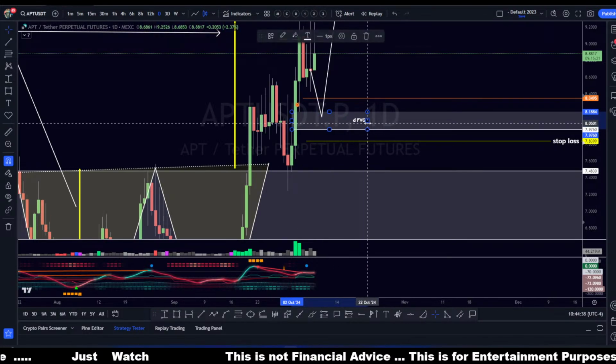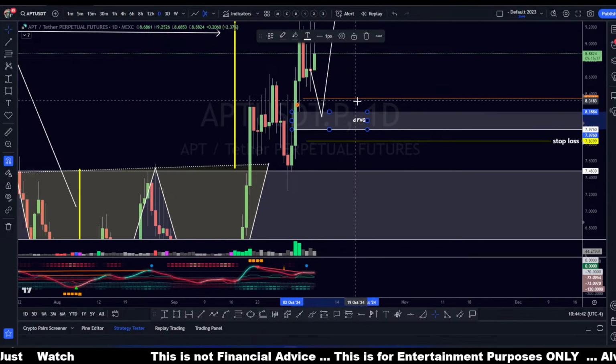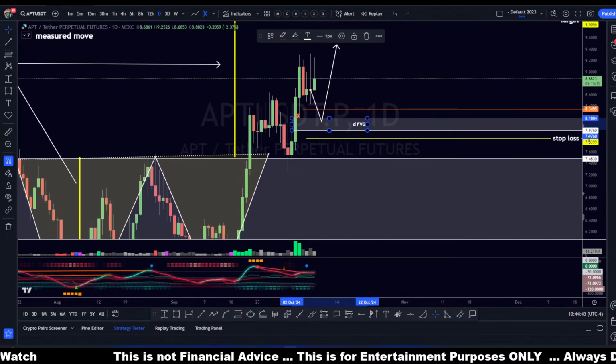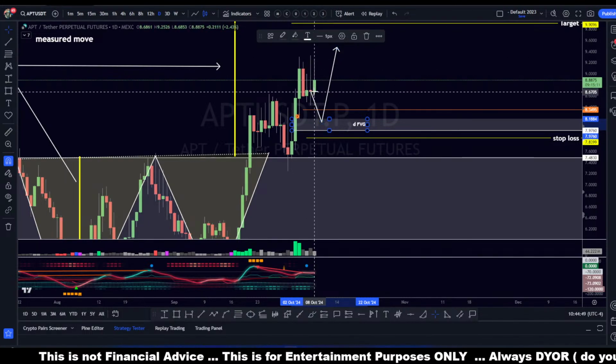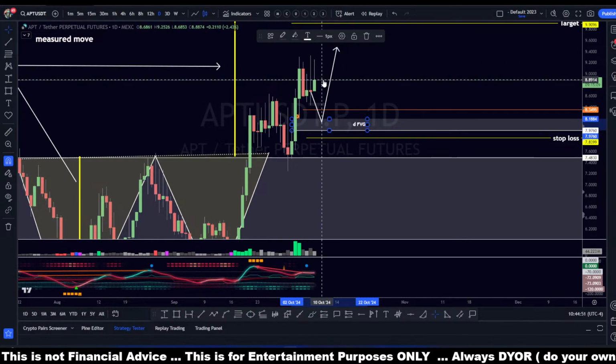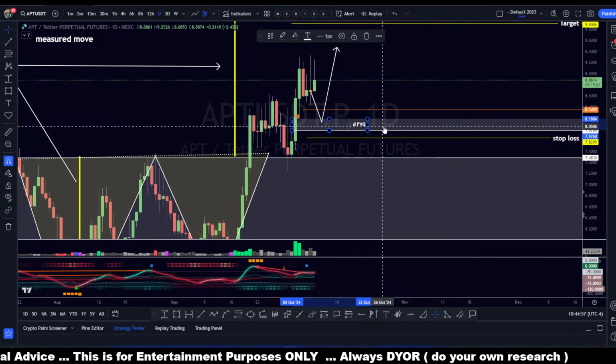I would love for it to come down into this fair value gap, and then we can enter the trade. And I'm expecting it to pull back, but it pumped and then it came down and it keeps on going. So we'll see if it has another run up before possibly coming down to this area.